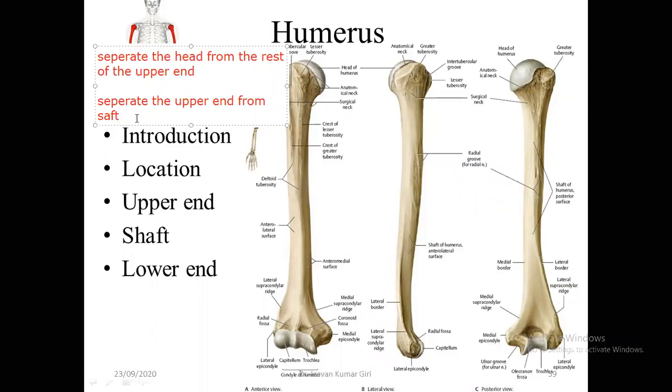So the anatomical neck separates the articular surface from the non-articular surface. Just remember this.